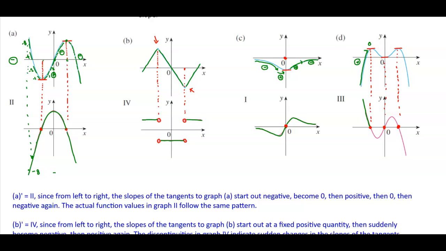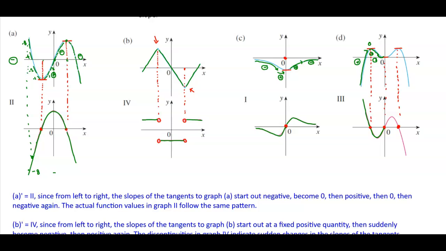Okay, and then it continues. Now here it's starting to decrease, and then the slopes start to increase when it gets to 0. So that means it's continuing to decrease, and then it's going to go back up and increase to when it gets to the next x-intercept of 0.